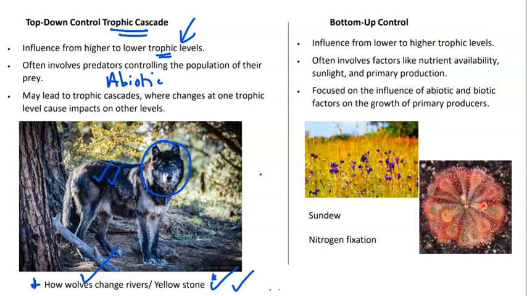We can have effects on ecosystems starting at the base of the food chains as well, with our producers. And we've already mentioned with respect to legumes and nitrogen fixing behavior, but we also find this in other types of plants where we have nitrogen fixing, perhaps occurring from a different point of view, not with the use of bacteria, but with the sundews.